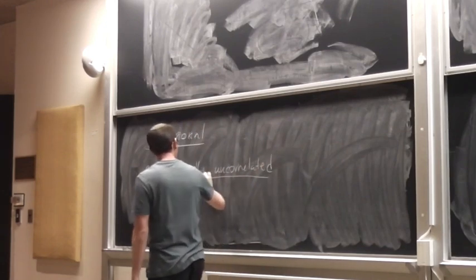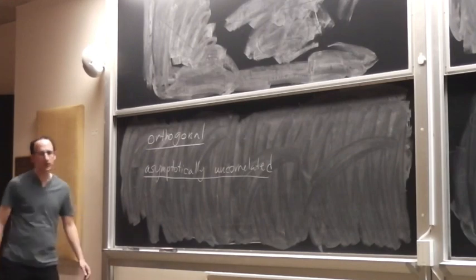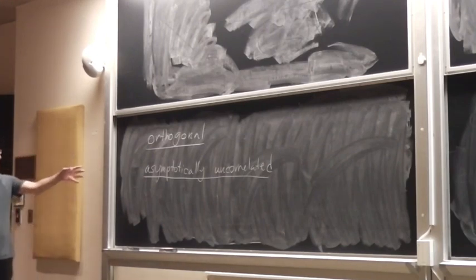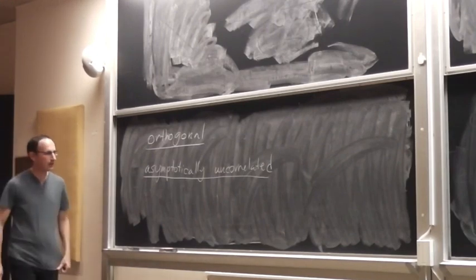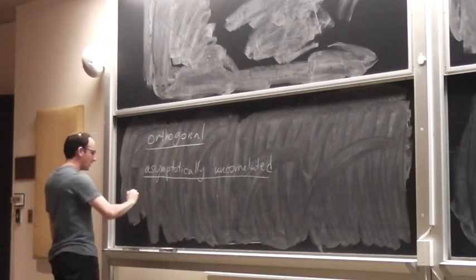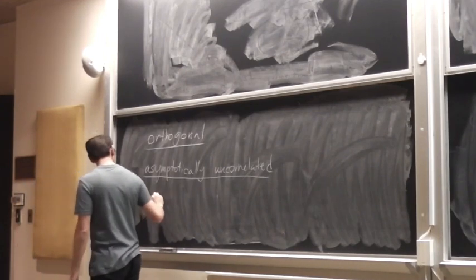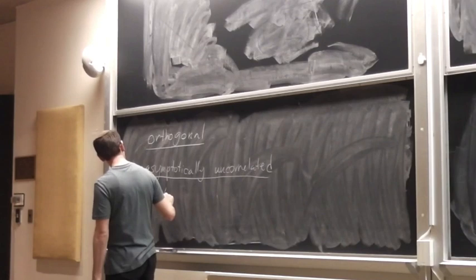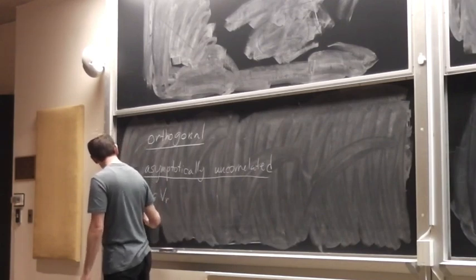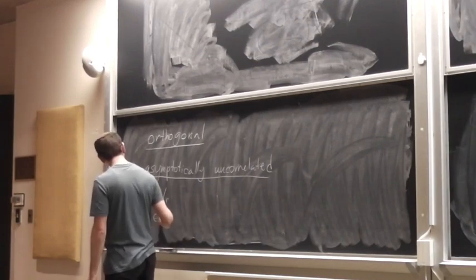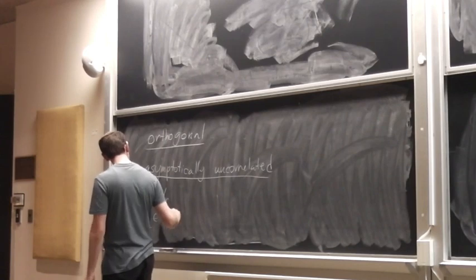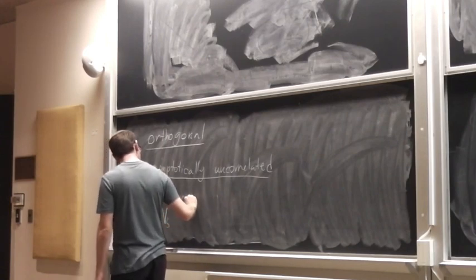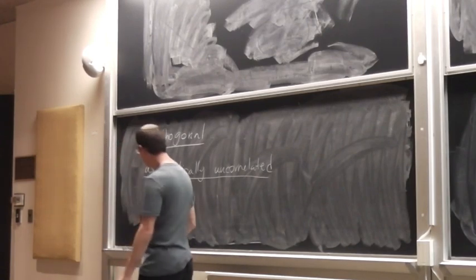Okay? And again, this defines it uniquely, but let me explain what I mean by asymptotically uncorrelated. You can imagine that you project on two different directions, v from V_r and u from V_s, where r is different than s.